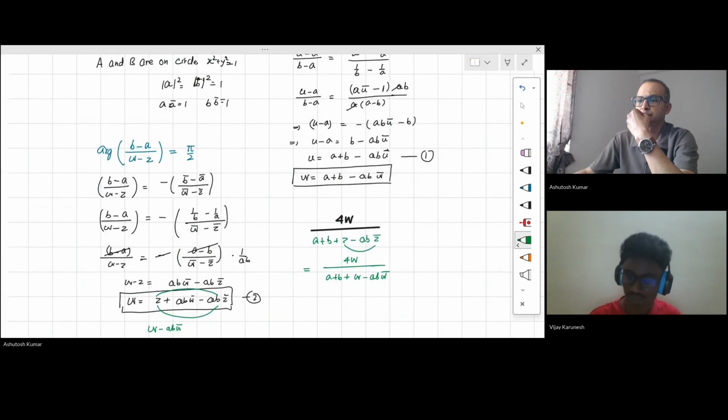And you notice one thing here again, that W is equal to A plus B minus ABW bar. So I can write now here, you see that this A plus B minus ABW bar, directly I can write what? W, correct? So what I got? 4W by 2W is equal to 2. So the answer is 2. Understood? Yes, sir.